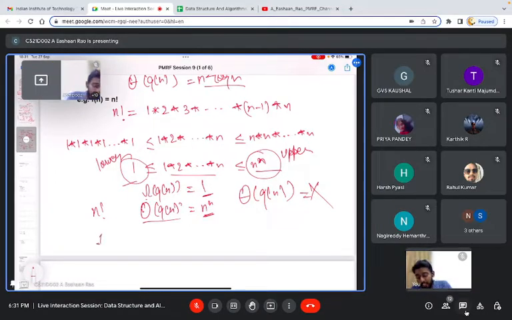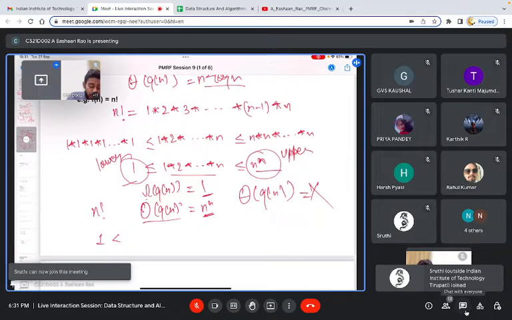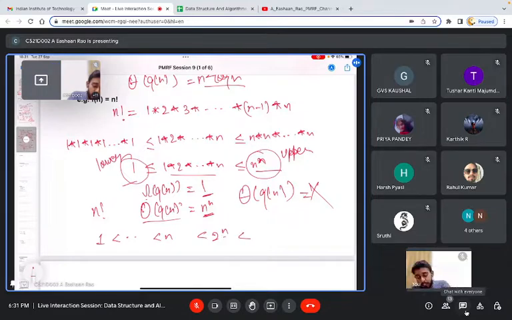A time function of 1 is at a particular scale, and if you go till n, then 2 raised to n, and then n raised to n, so n raised to n is a different scale. There's nothing in between which we can call an upper bound or lower bound where we can find an intersection. Since we don't find the intersection, there's no theta case here. That means we can't find the average case.